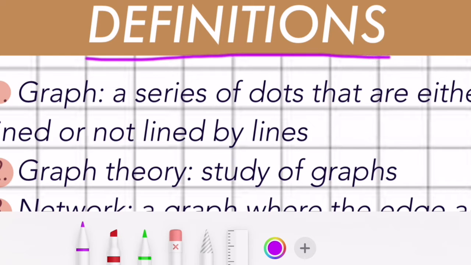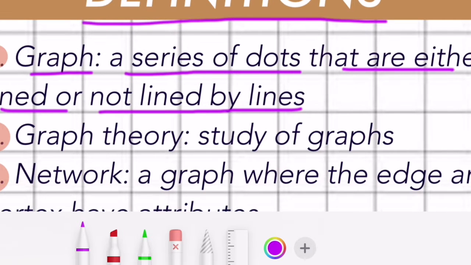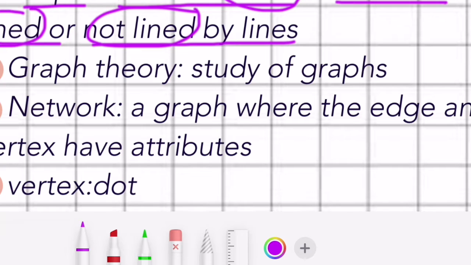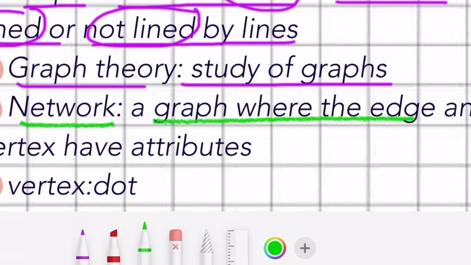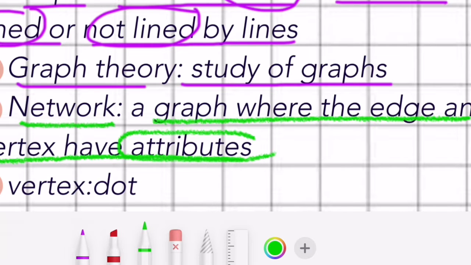Definition for graph is a series of dots that are either line or not line by lines. So graph can be dot, or it can be a line, or can be not line by lines. Graph theory is study of graphs. Network is a graph where the edge and the vertex have attributes.